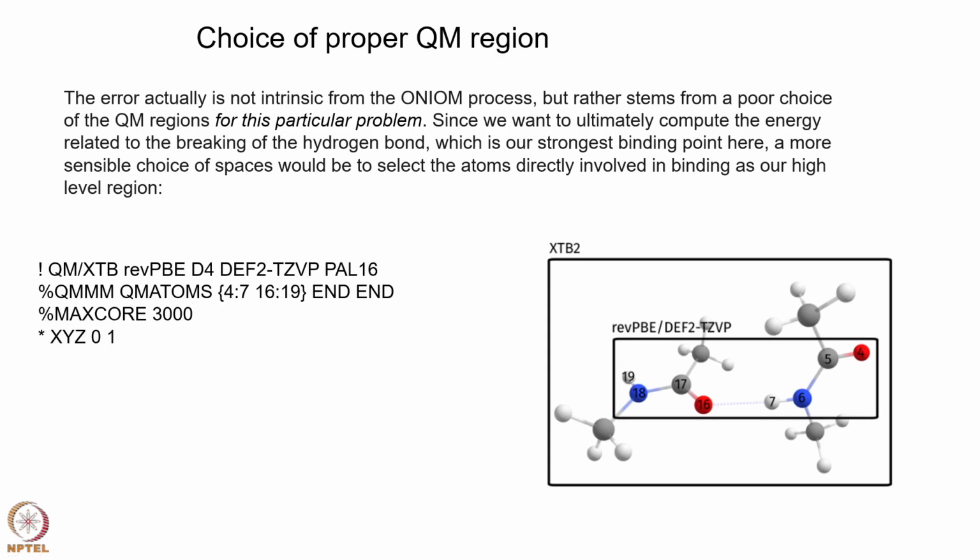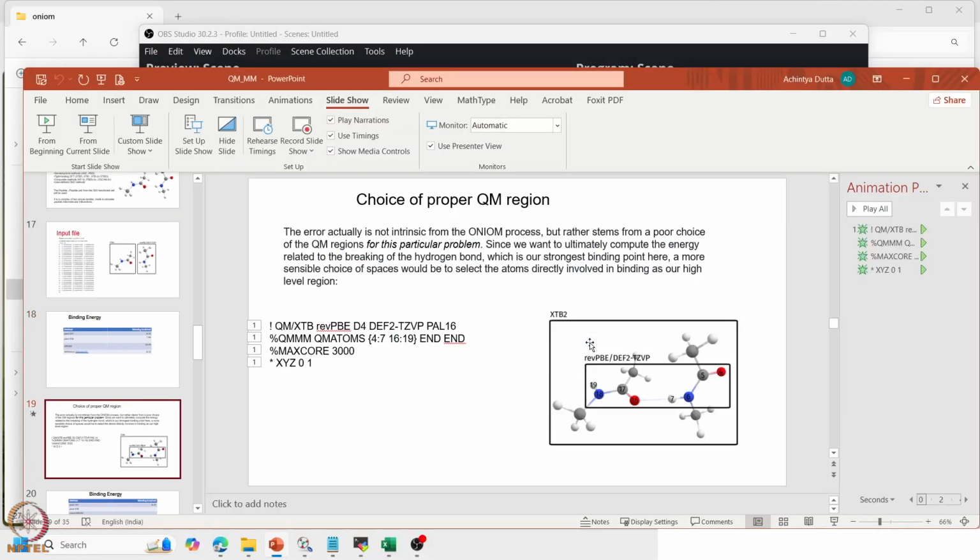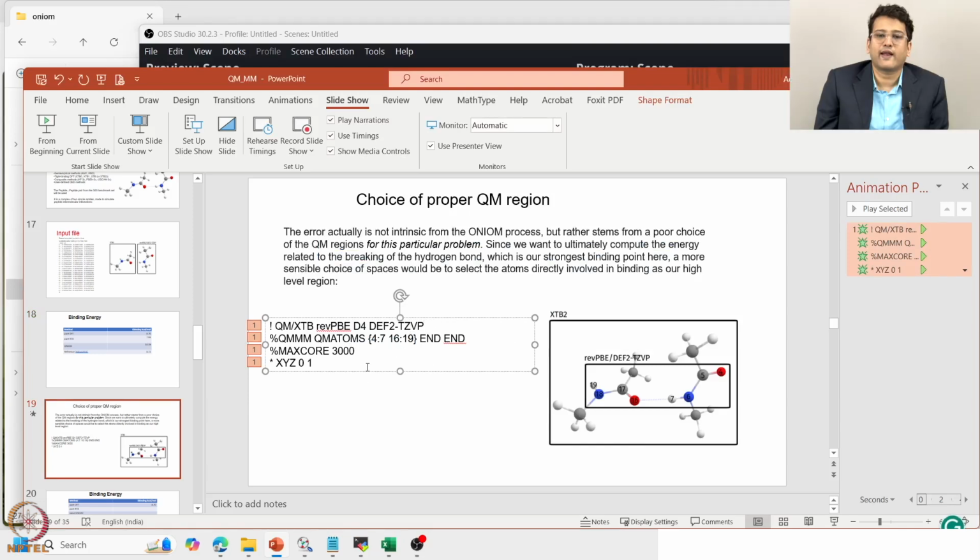So, this is what our new input file will look like. The PAL 16 is a misnomer. Maybe I should remove this one because we have not talked about how to run in parallel. Two things to notice here: you can actually give two separate groups of atoms. The atom numbers do not need to be consecutive, like here it is 4 to 7 and 16 to 9 that you are giving.